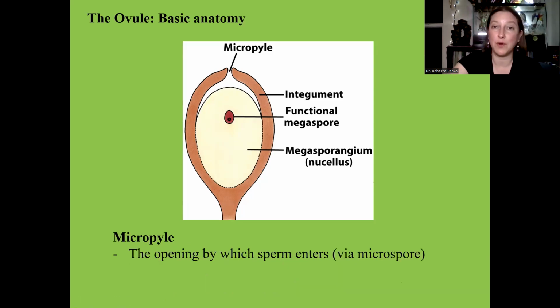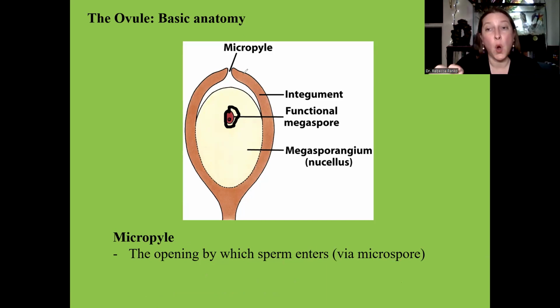And then remember, this functional megaspore here is going to grow into the female gametophyte plant, right? Spores grow into gametophyte plants. So that female gametophyte plant will have an egg on it, and we need sperm to be able to reach that egg.